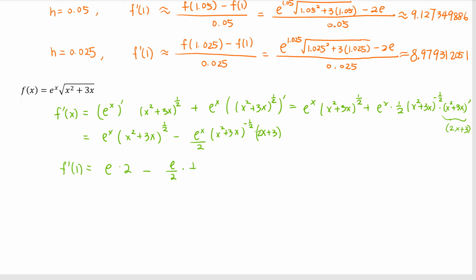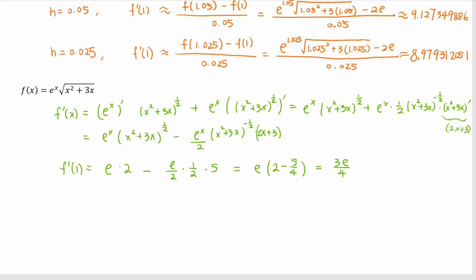So this is 1 over 2. And then 2 plus 3 is 5. Okay, let's see what this is. Well, we can factor out e, and then this is like 2 minus 5 over 4. You know, 2 is 8 over 4. So this is 3e over 4.